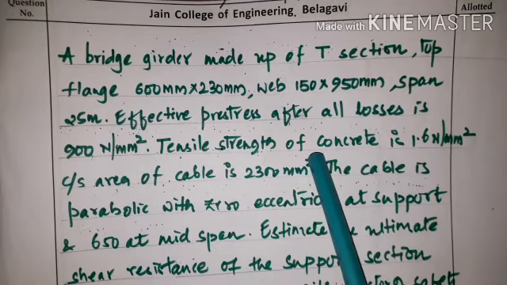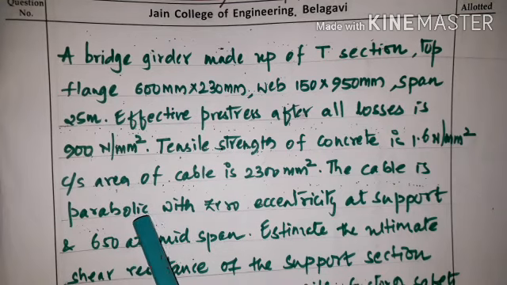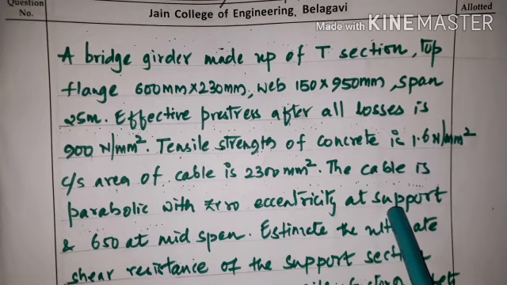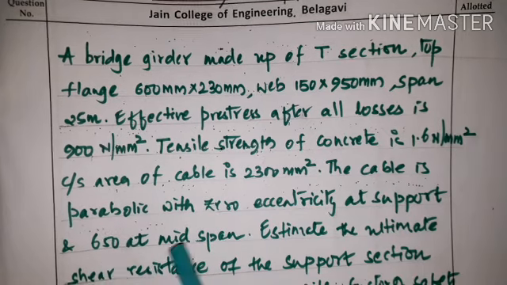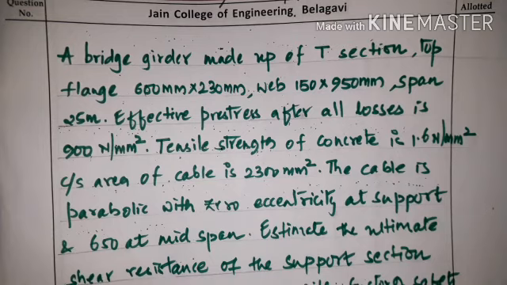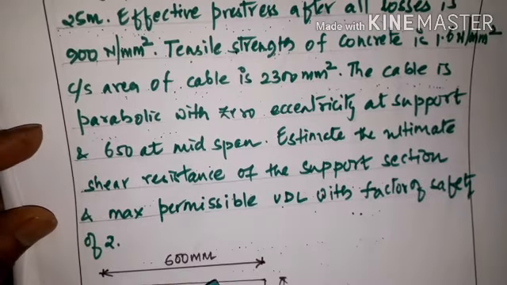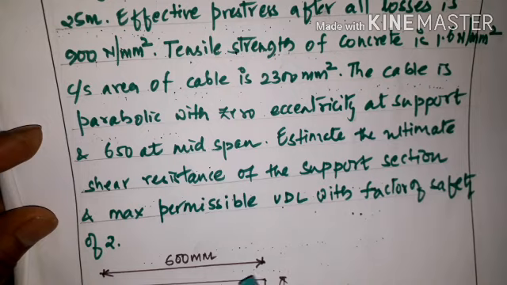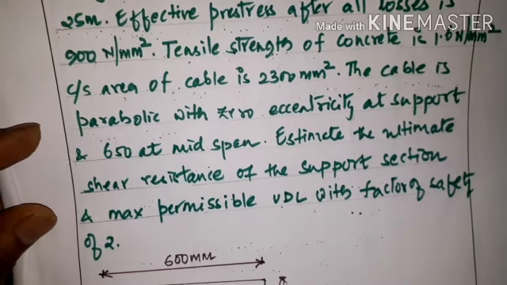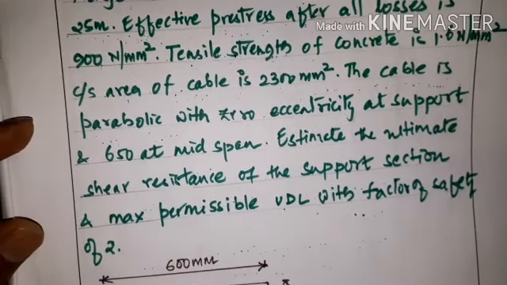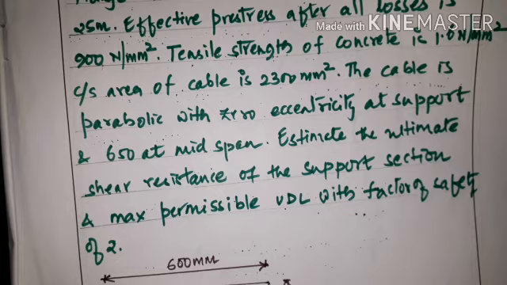The tensile strength of concrete is 1.6 Newton per mm square, the cross section area of the cable is 2300 mm square, and the cable profile is parabolic with eccentricity 0 at support and 650 mm at midspan. So we have to find the ultimate shear resistance of the support section, and also the maximum permissible UDL that the beam can carry with a factor of safety of 2.